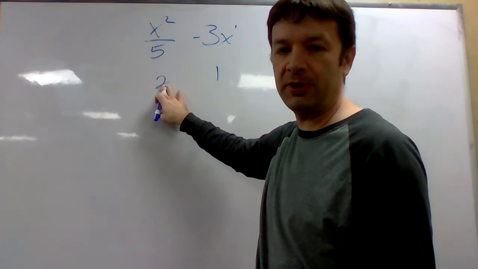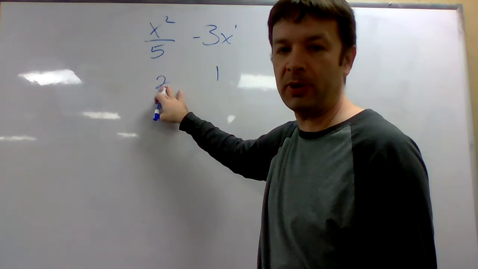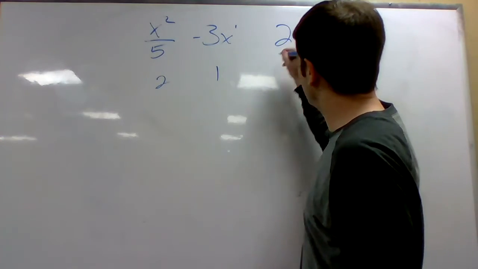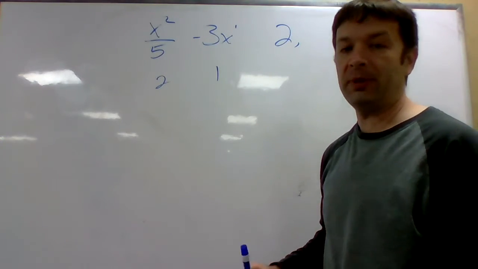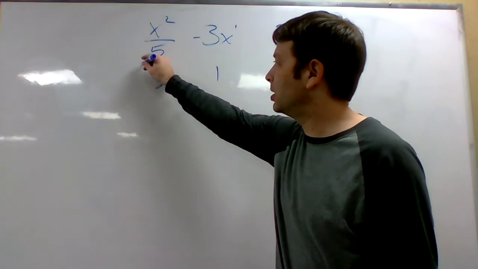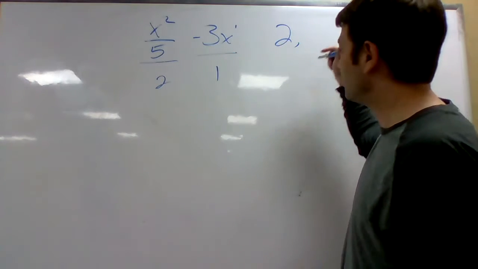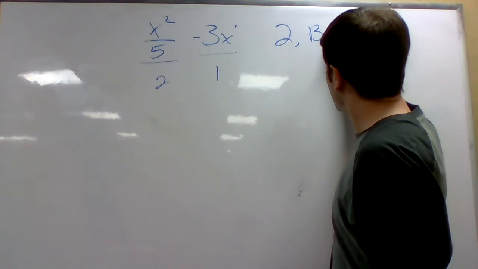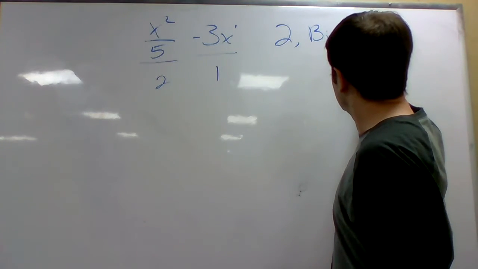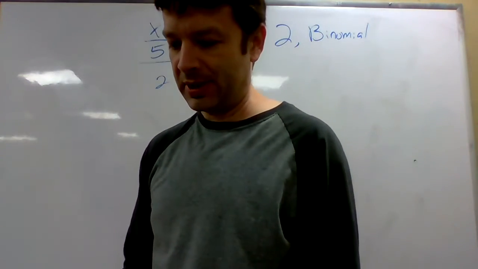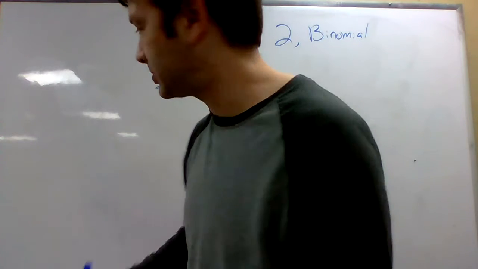So we're going to use the biggest for the degree. The degree of the polynomial is 2. So I'm going to put 2, comma. What kind of polynomial is it? How many terms does it have? 1 term, 2 terms. 2 terms is called a binomial.